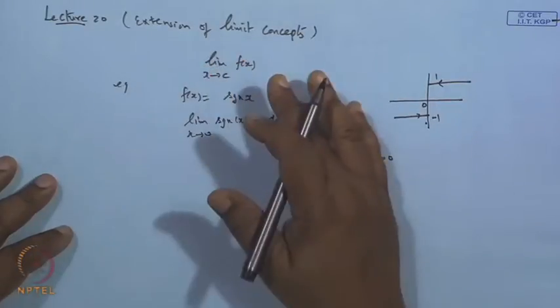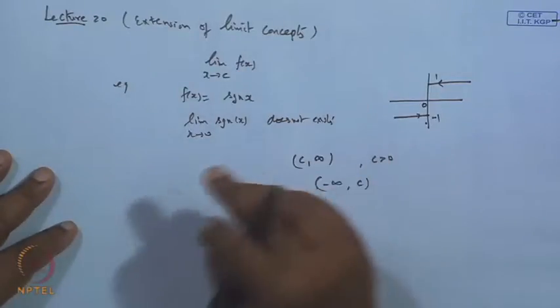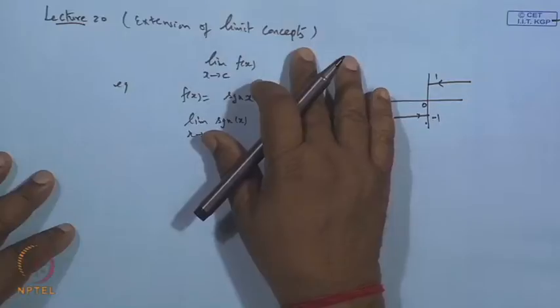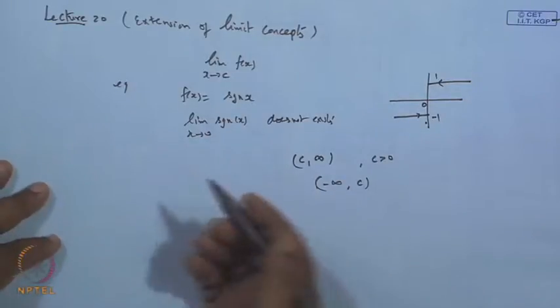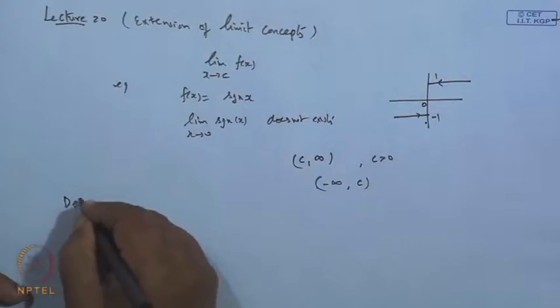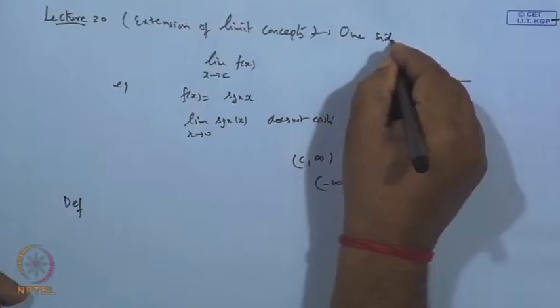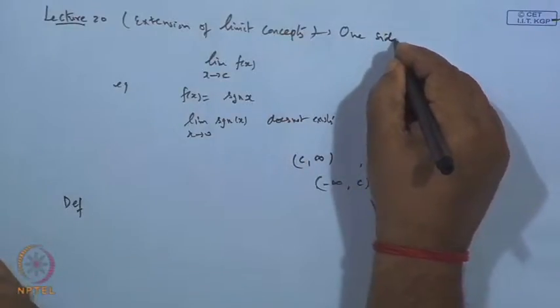Otherwise, we introduce the concept of left hand and right hand limits, which is an extension of the limit concept. These are also called one side limits.